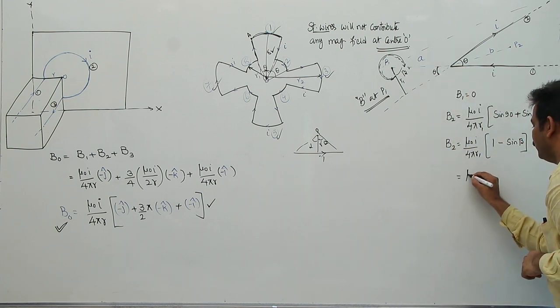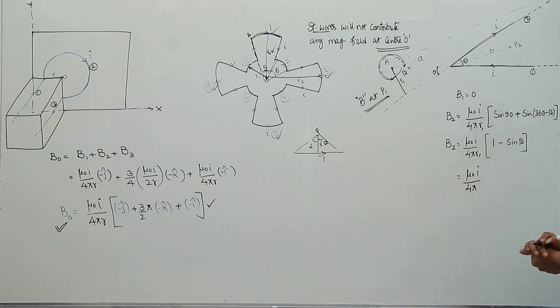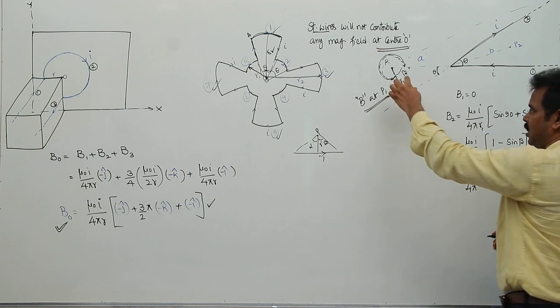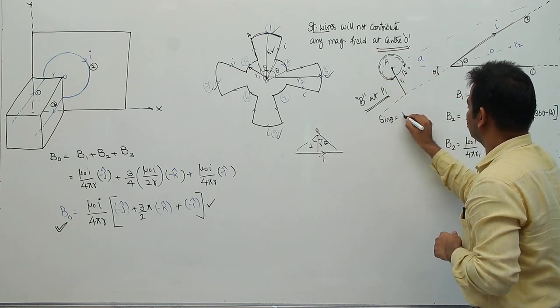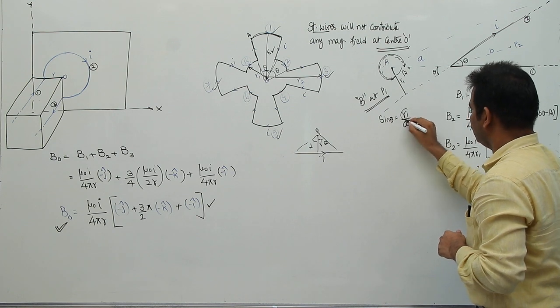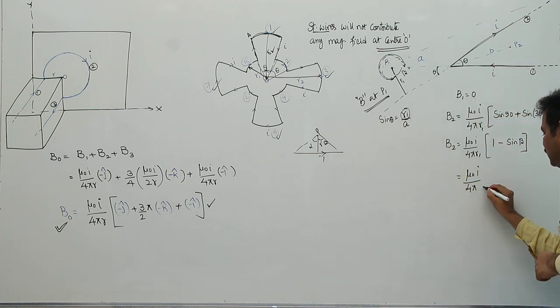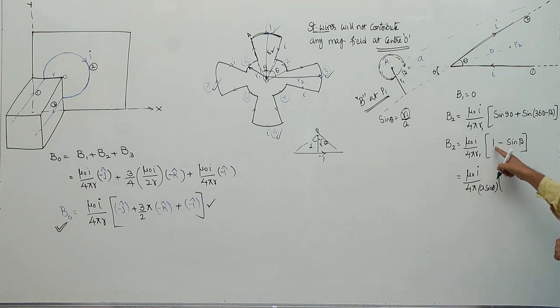So this I can write as mu naught I by 4 pi. I also need to replace R1 because R1 is the assumed value. From this I can write sine theta is equal to R1 by a. In place of R1 I can write a sine theta, into 1 minus cos beta, so I can write 2 sine square beta by 2.